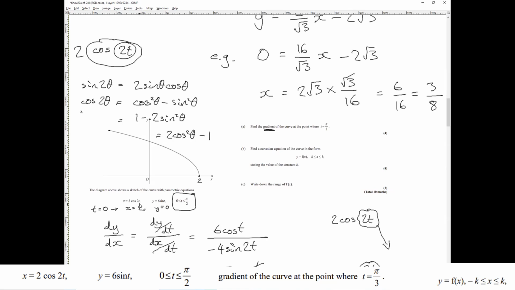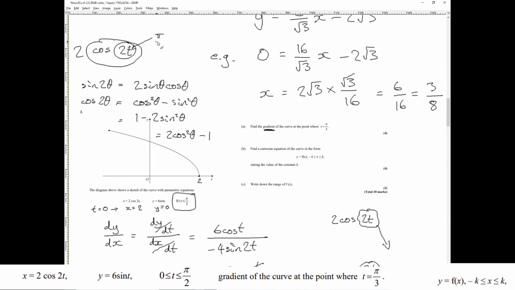Yes, because pi over 2 times 2 is pi. Exactly. Good. So 2t is pi.